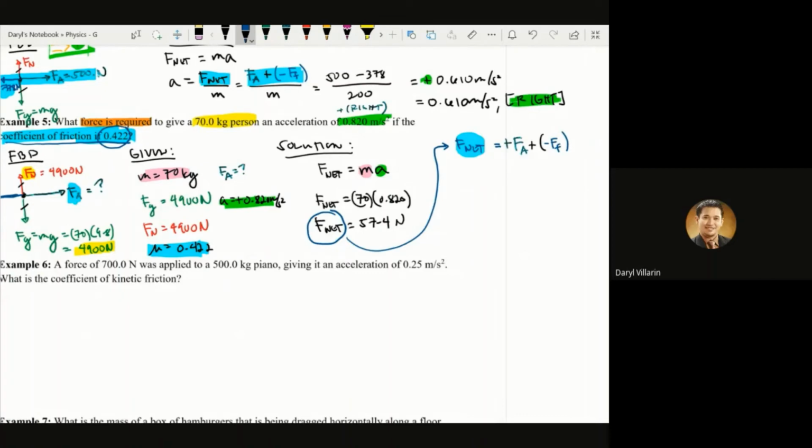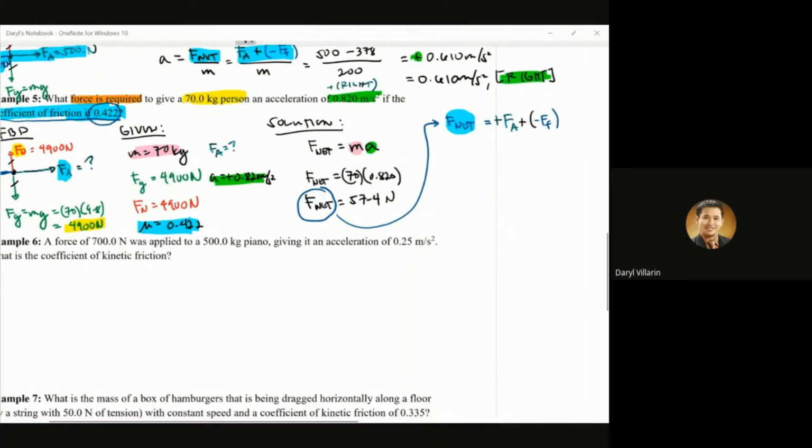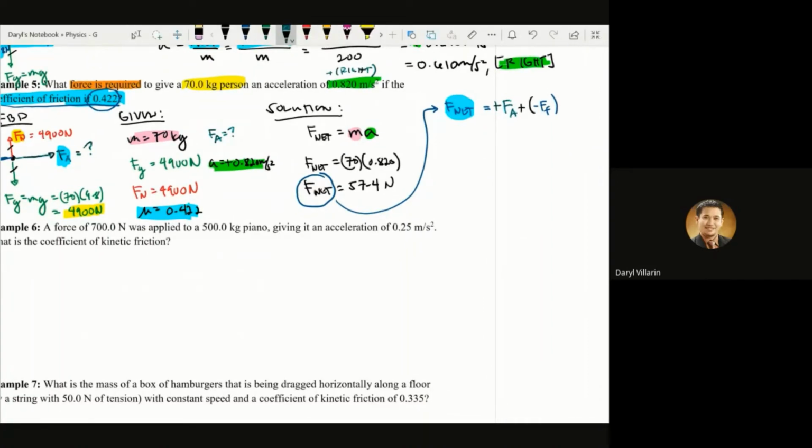Okay. So, Fa, therefore, if I'm going to work with this equation here, I can see that Fa, adding both sides by Ff, will give me the net force plus the Ff.